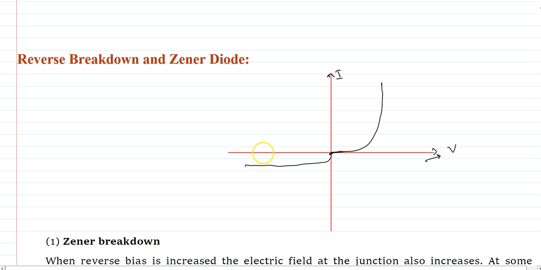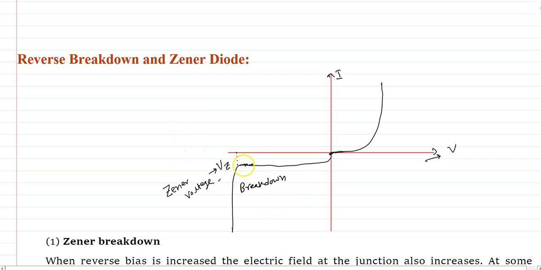But if we increase the reverse bias voltage sufficiently, at a particular voltage we again get a very large current. Okay. And this is called breakdown. The voltage at which the diode breaks down is called the breakdown voltage, also known as Zener voltage after the name of the scientist Zener. This is called Zener voltage or breakdown voltage.